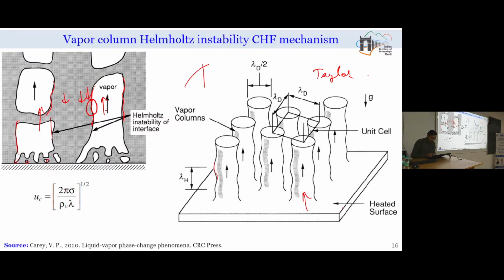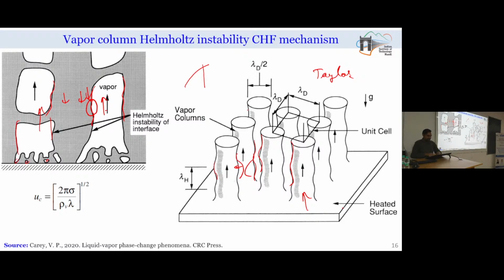But when these columns are rising, they have certain surface waves, and the amplitude of these waves can increase with time, and two waves can merge together to form a single vapor chunk, or if the amplitude is diminished, then this will keep on moving as a vapor column. If it keeps on moving as a vapor column, my nucleate boiling regime will keep on continuing.